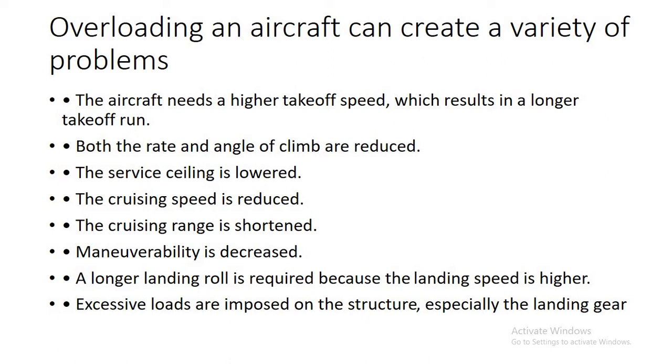The same case applies here. When the weight increases, your cruising speed decreases. Then your cruising range, the maximum distance that you can travel, will also get reduced, because you are carrying more weight. In order to move more weight, you have to spend more fuel. That's the reason.